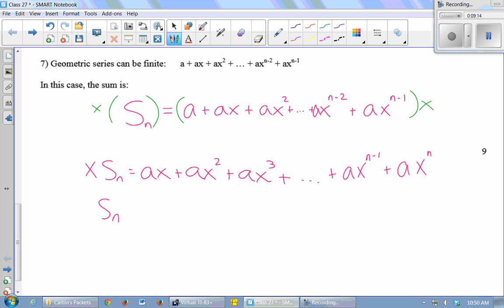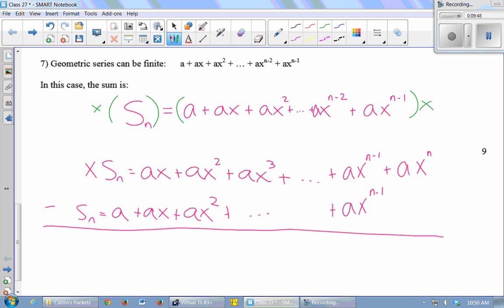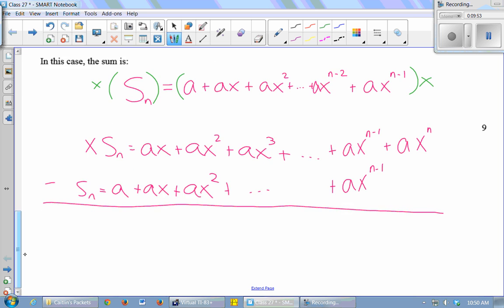So I have s sub n equals a plus ax plus ax squared plus, that's just the original equation. And then I'm going to subtract the two. That's allowed, right? Legal algebraic move. You have 2 equations, you can subtract them and you get another equivalent equation.